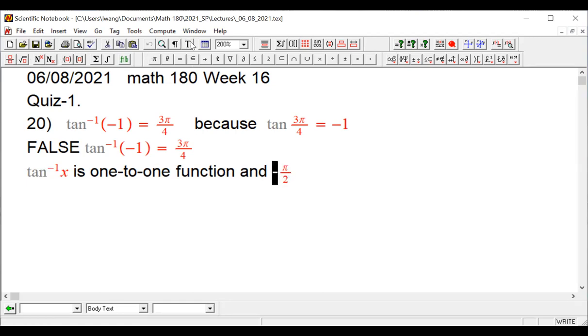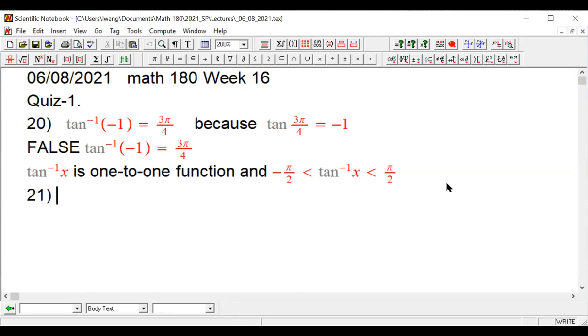This range is between -pi over 2 and pi over 2. That's the range. We have an entire section about the truncations and so on. So this is false. Typical mistake.